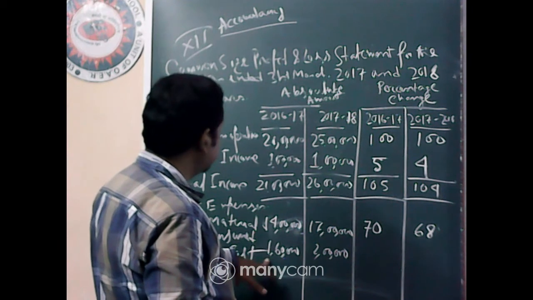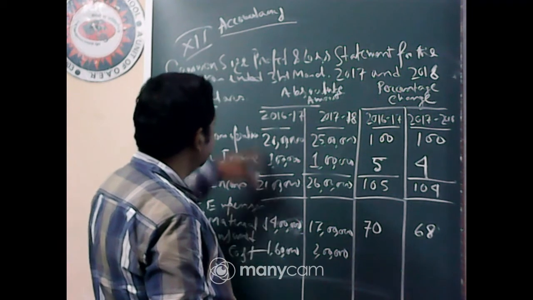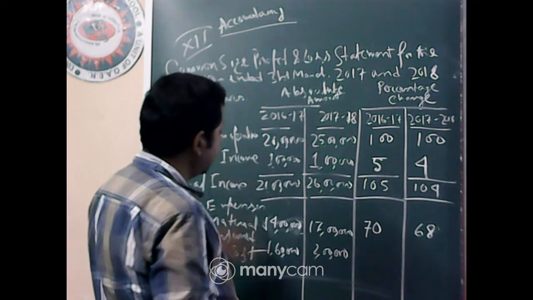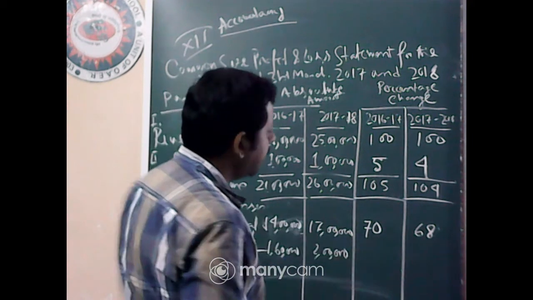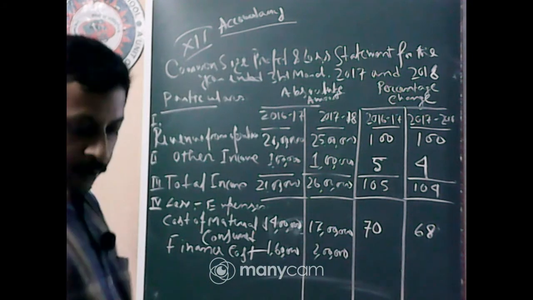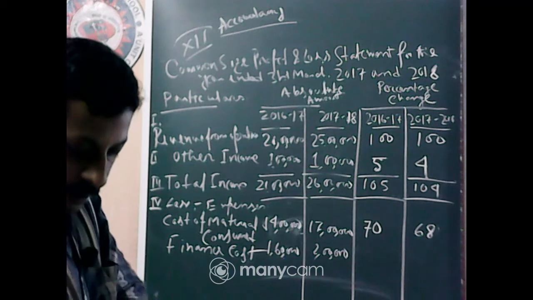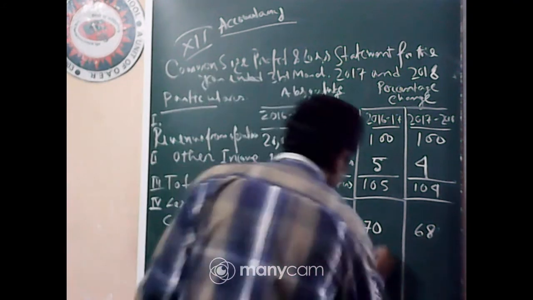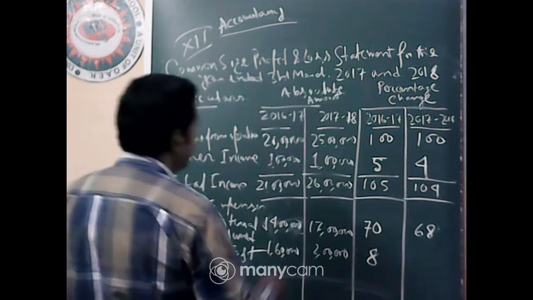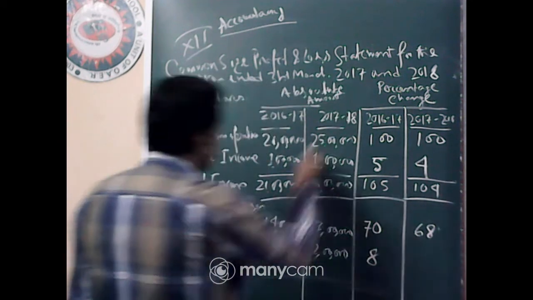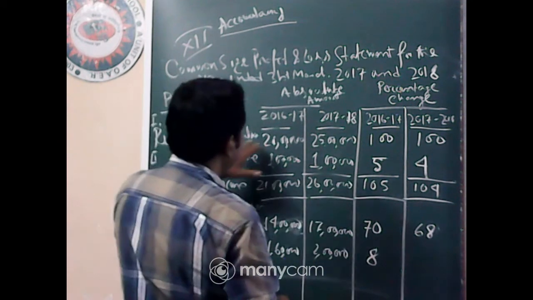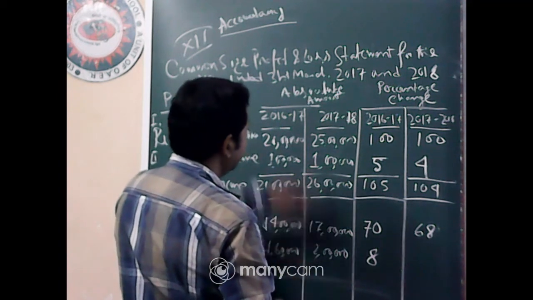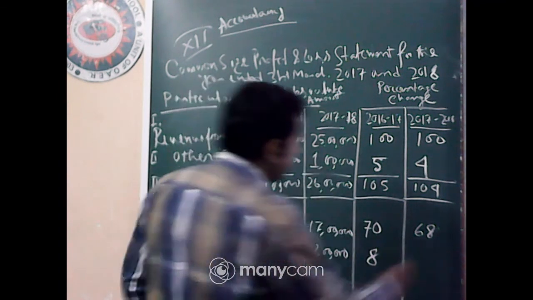What is finance cost percentage? 1,60,000 divided by 20 lakh into 100. What will be the percentage? The percentage will be 8%. And for next year, again you have to do the same thing. What is the percentage of finance cost against revenue from operation? That is also 8%.